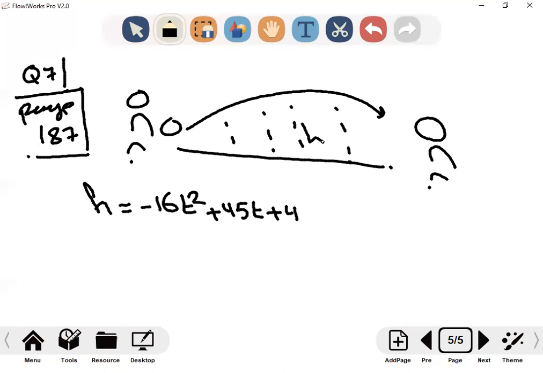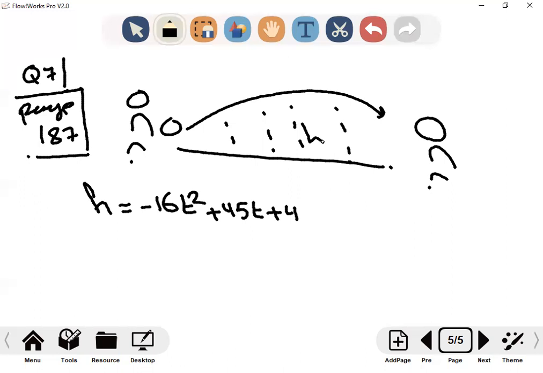H is the height in feet and t is the number of seconds after the football is thrown. Continue. If the ball is overthrown and the receiver does not touch the ball, the ball will go from this player to the ground because the receiver does not touch it. How long will it take the football to hit the ground?